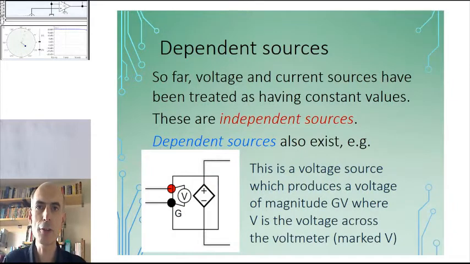As the slide says, just about every voltage or current source that we've come across so far is what we call an independent source. It has a fixed value, and that value doesn't change. However, there are also things called dependent sources, and these are voltage or current sources whose value is dependent on the current or voltage somewhere else in a network.